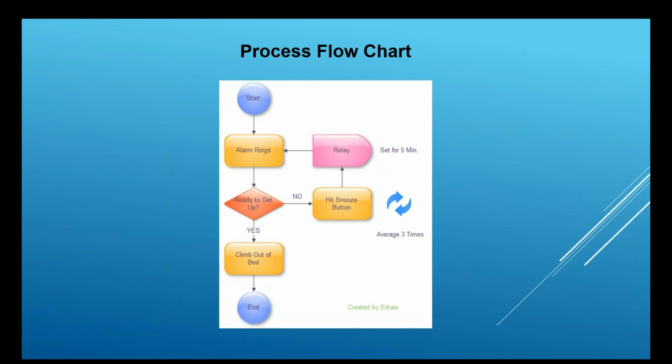That typical process averages 3 times before we eventually say, yes, we need to get out of bed. We climb out of bed, and then the process is ended. So this is an example of a simple process chart. If we're going to develop an application, we want to have some type of process chart that would identify the basic processes that are going on in that application.